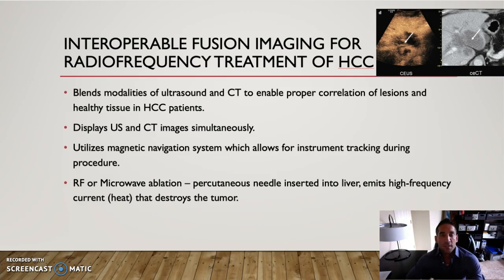It displays ultrasound and CT simultaneously on the screen. The setup is as such: a magnetic navigation system is placed over the patient's anatomy. And then from there, the tech will scan the patient's anatomy according to the CT.